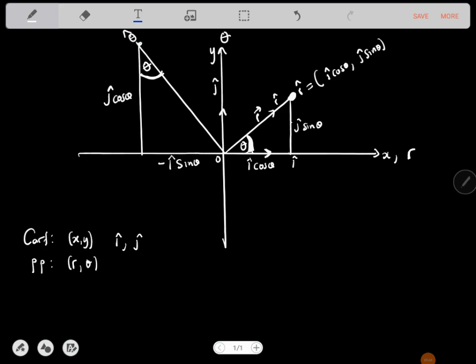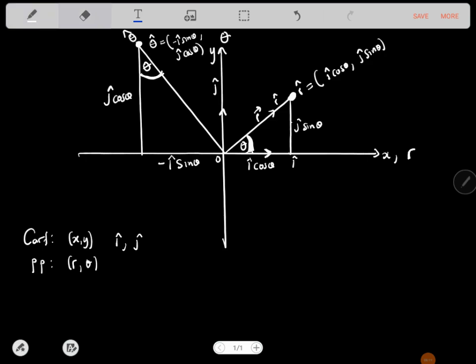Now, what would be the coordinate here? It will be theta hat equal to, the x coordinate, negative I hat sine theta, comma, then the y is j hat cosine theta.